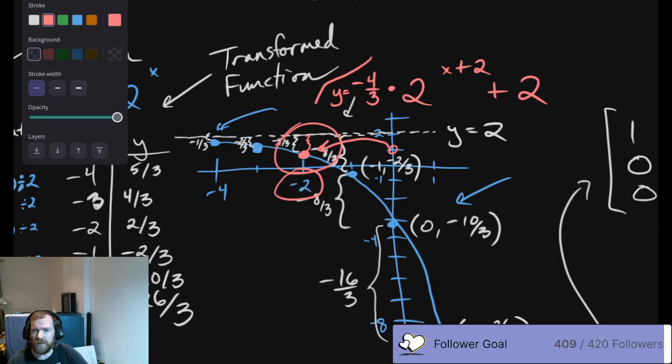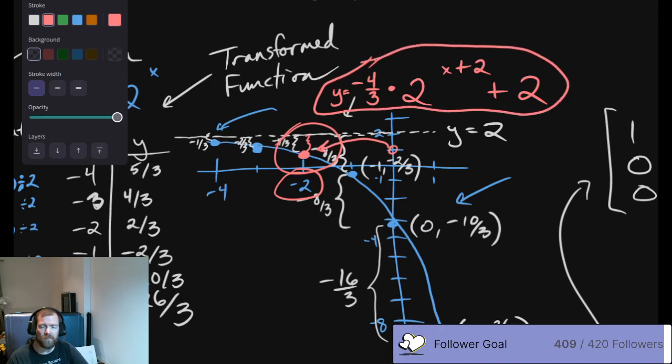So this is our equation. Or rather, this is one of the forms that our equation could take.